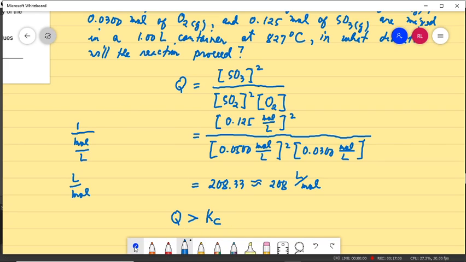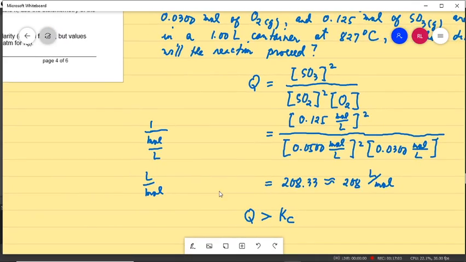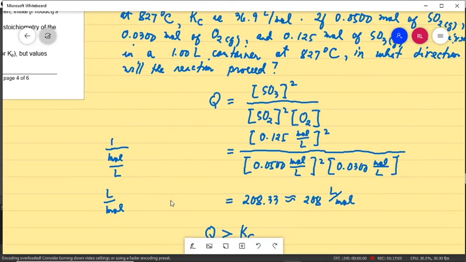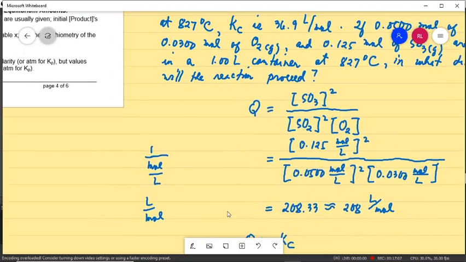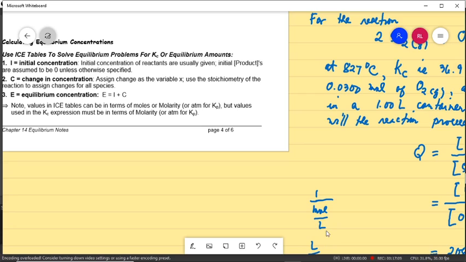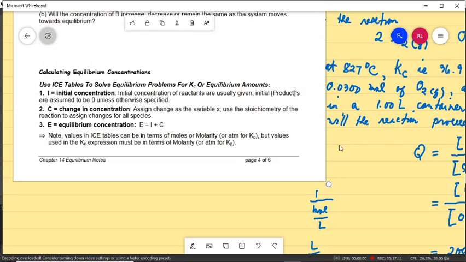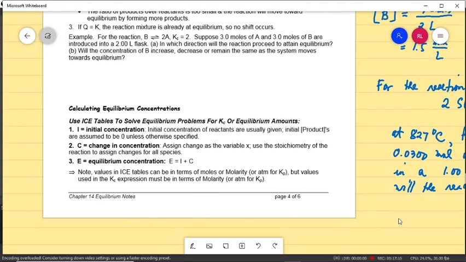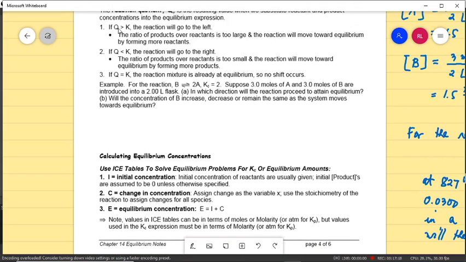So if that is the case, then in what direction will the reaction proceed? So as stated here, if Q is greater than K, the reaction will go to the left. What does this mean? That the reverse reaction is favored.